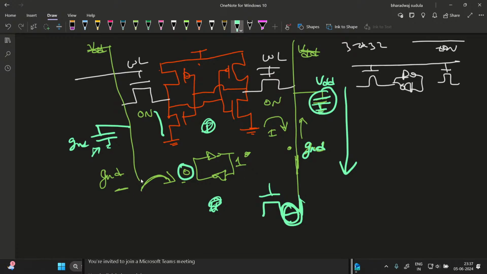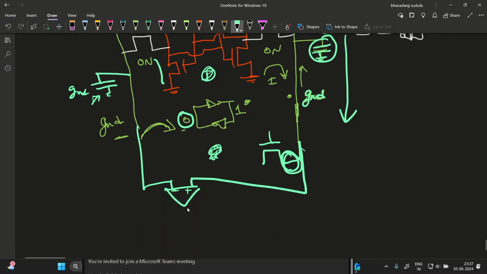With these bit lines, I can give this to a sense amplifier. This sense amplifier detects the potential difference.